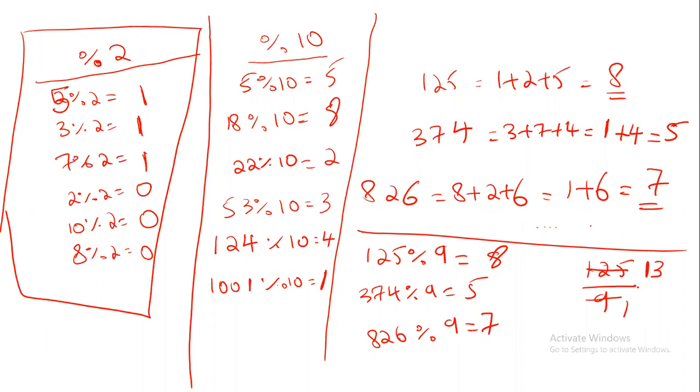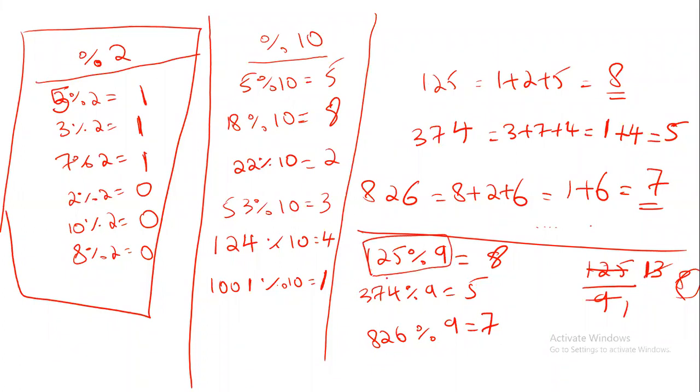From 27 to 35, how much more is remaining? 8 more is remaining. That's why the answer is 8. The remainder is 8.